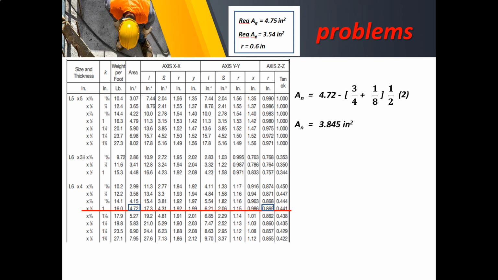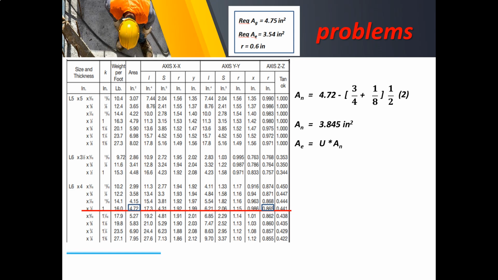So 3.845 square inches will be translated to the effective area by multiplying a reduction factor U. A while ago, we were just dealing with a plate. That is why U is equal to 1. Consequently, the net area happened to be equal to the effective area.